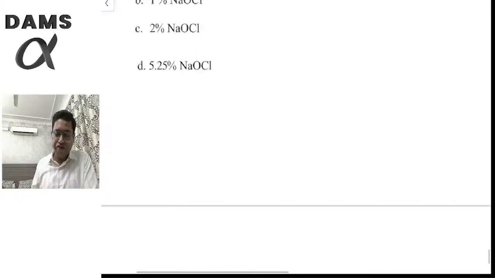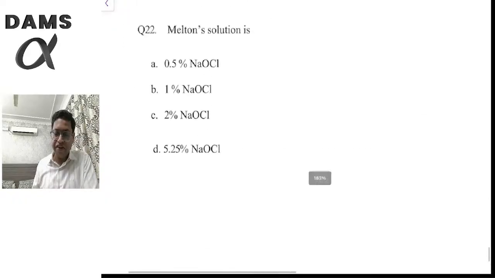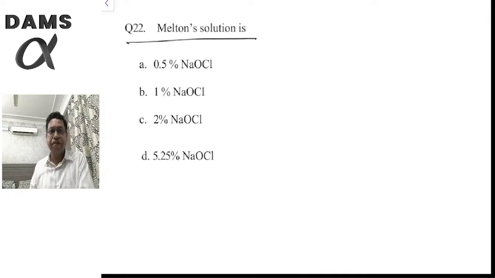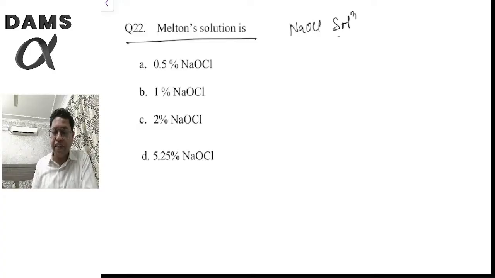Okay, there is one more question for today's session listed over here. Let us take this up. What is question number 22? Melton's solution. Melton's solution is basically a concentration of sodium hypochlorite solution that is used for flushing of the root canals.